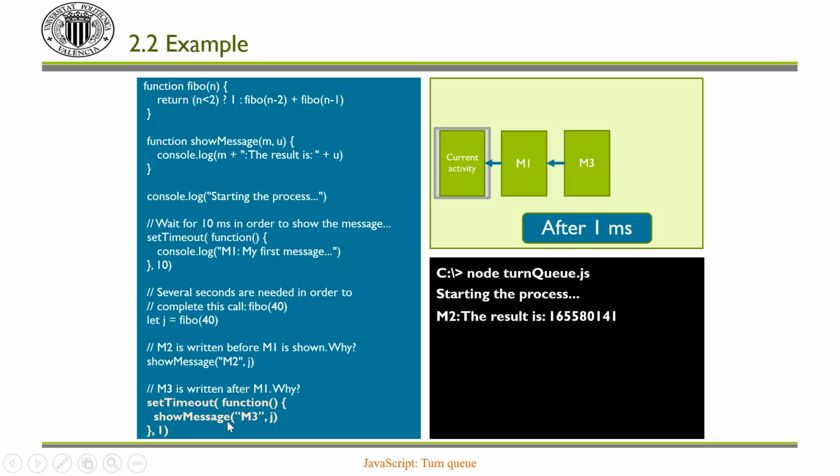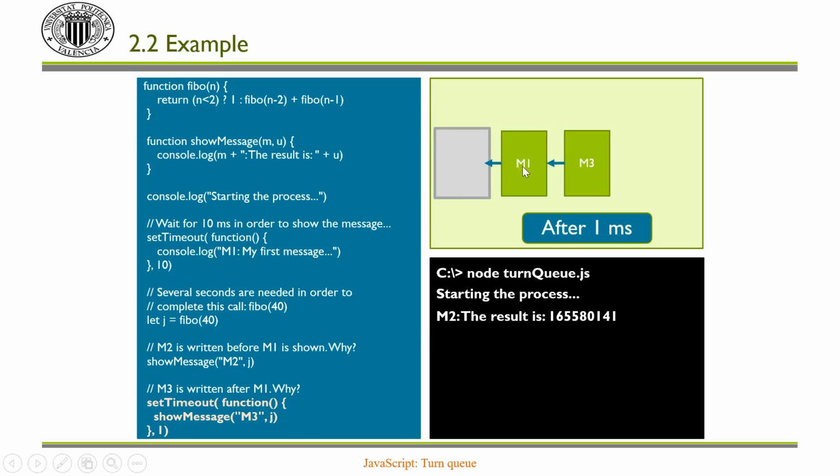But it becomes ready and it is placed at the end of the turn queue, where we may find another activity in a pending state. So at this point the main thread completes, and that currently running activity will finish.